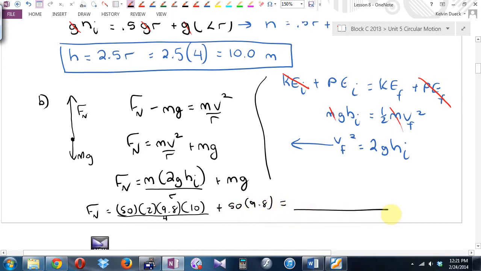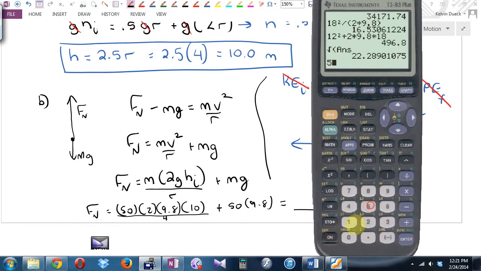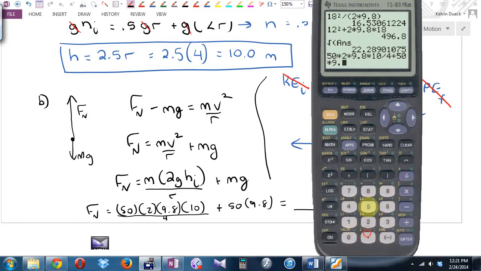How big is the normal force? You get 2,940 as compared to 490. This person's going to feel really heavy at the bottom.